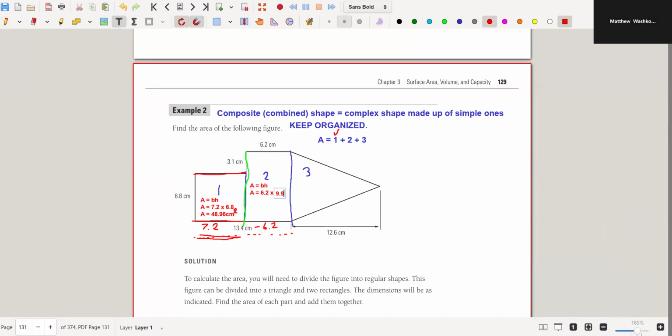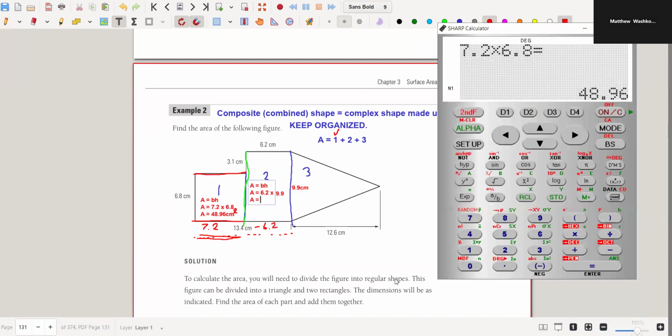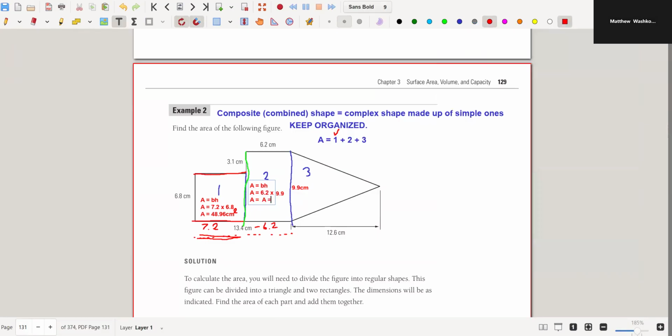So 9.9, and I'm actually going to literally write that out here as well. Keep it labeled. Okay, 6.2 times 9.9, area is equal to 6.2 times 9.9. 61.38. Area equals, sorry, 61.38 centimeters squared.